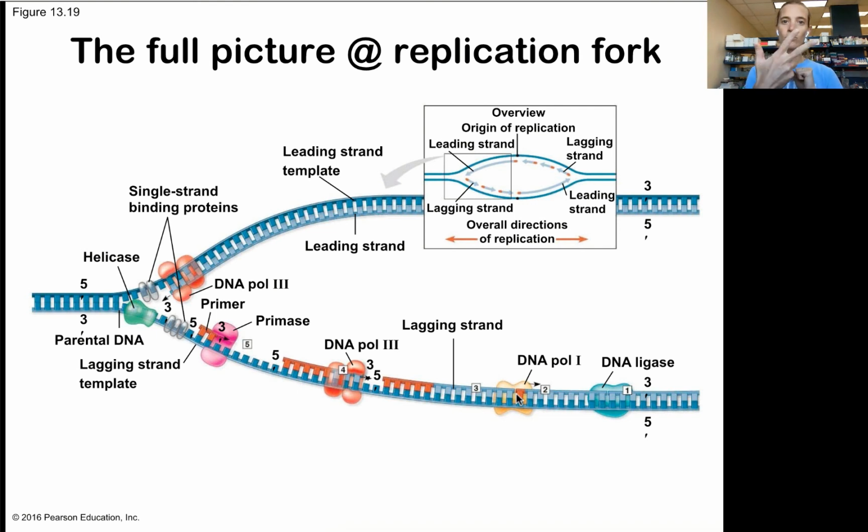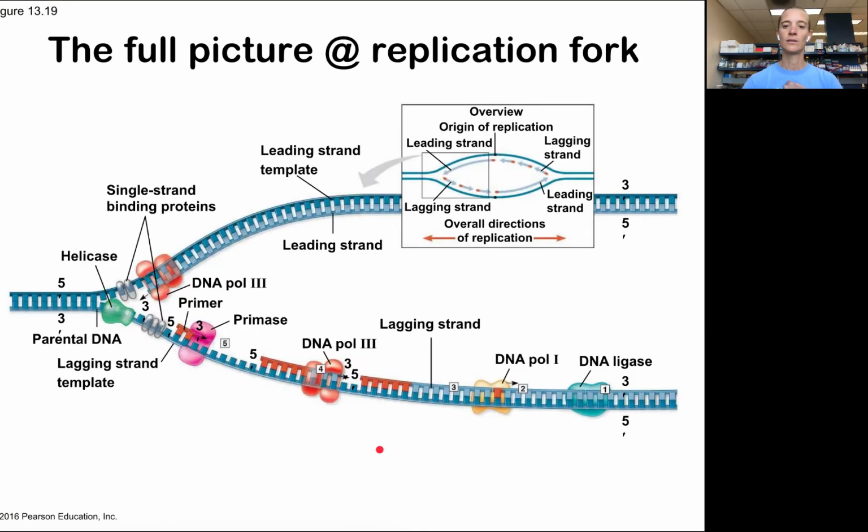So again, the three activities are 5' to 3' DNA synthesis, 5' to 3' exonuclease activity, where it chews up the primers and replaces them by DNA, and 3' to 5' exonuclease activity, where it proofreads any mistakes it might have made.